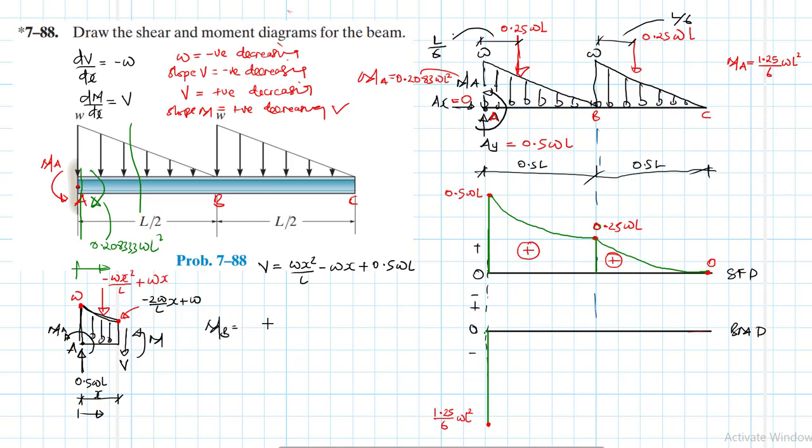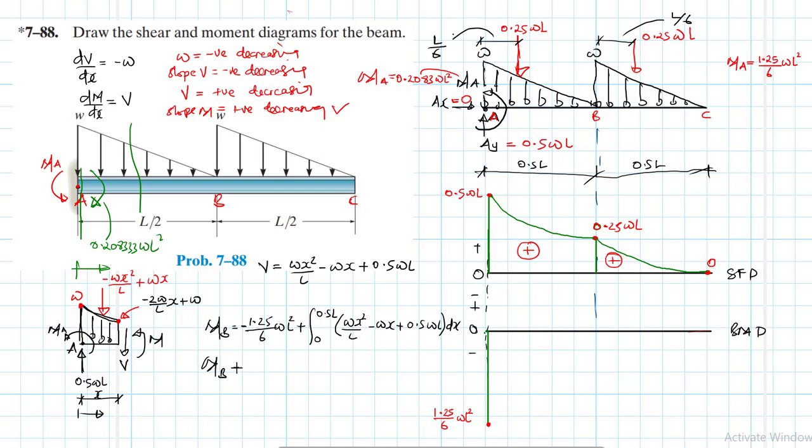So the moment at B is going to be equal to 1.25 divided by 6 wL squared. This is a minus moment, plus the integral from 0 to 0.5L of wx squared divided by L minus wx plus 0.5 wL dx.